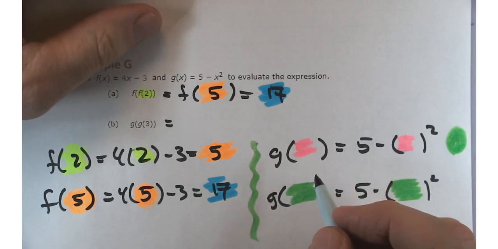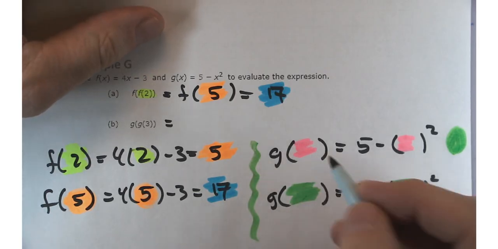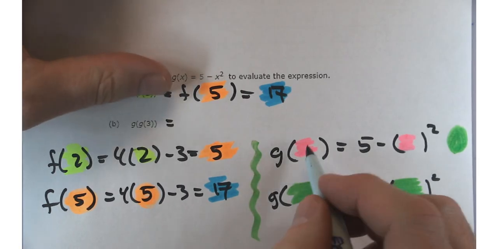Antonio? Do you want me to give you? All right, sure. We'll start out. Work me through it. So g of 3.